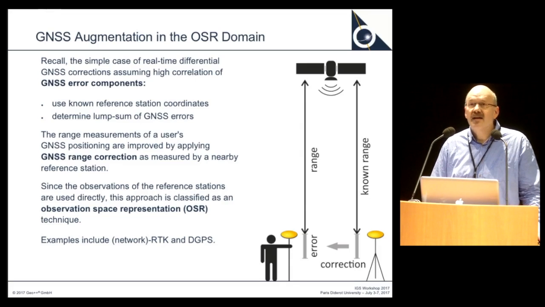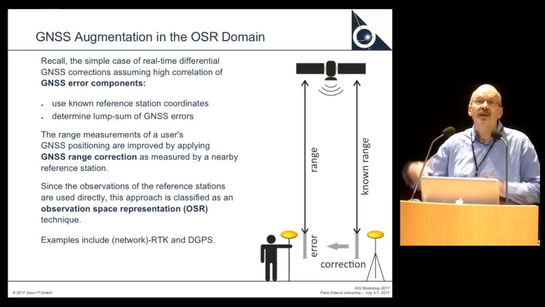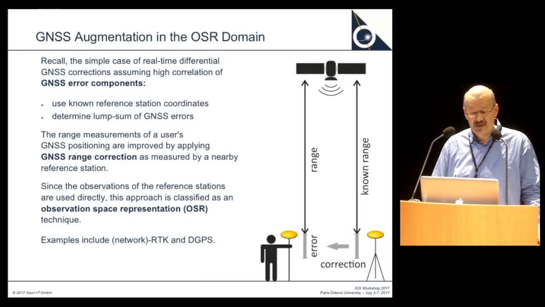And since this actually is using observations directly, this is generally termed observation space representation, or OSR. Examples for these are RTK in the classical sense, network RTK, where you use a network of stations, DGPS. So this is what is commonly applied in real-time applications today.